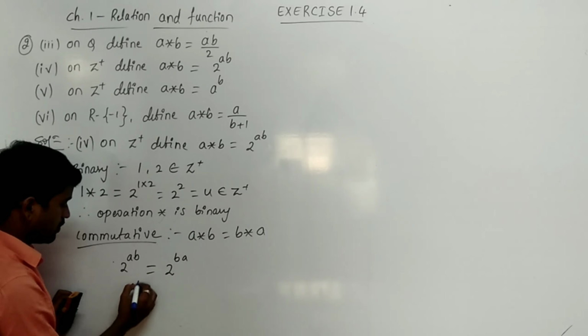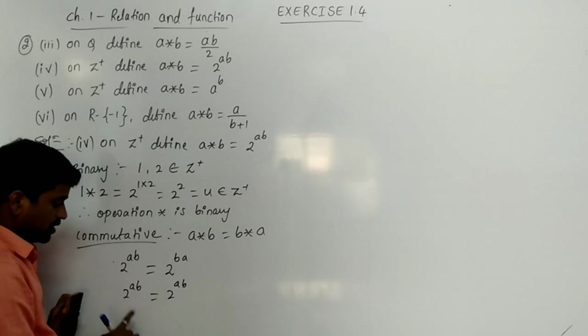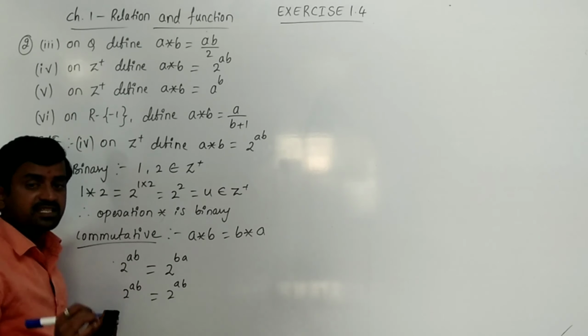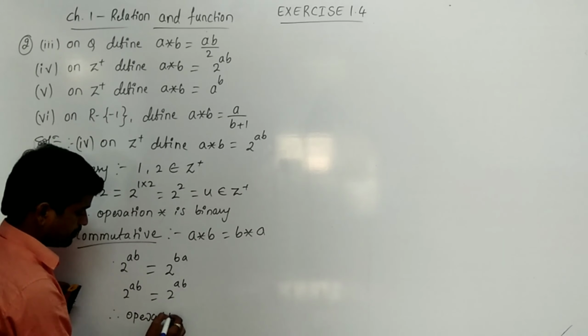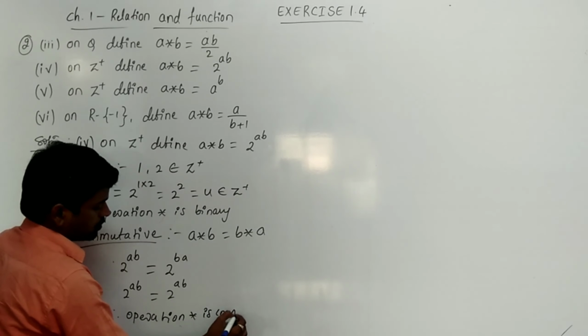Therefore, 2 to the power of a into b equals 2 to the power of a into b. Therefore, LHS equals RHS. Therefore, the operation star is commutative.